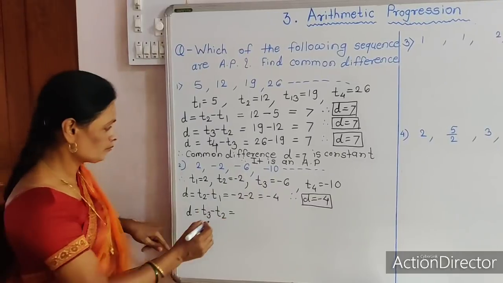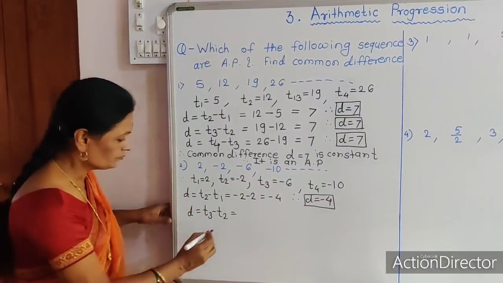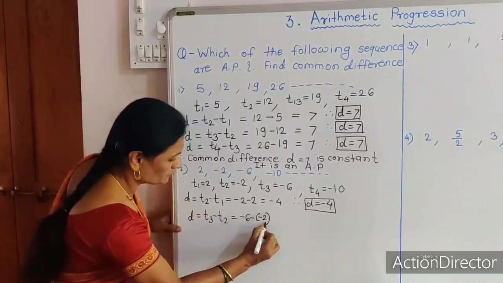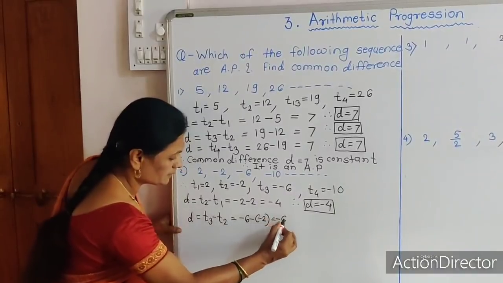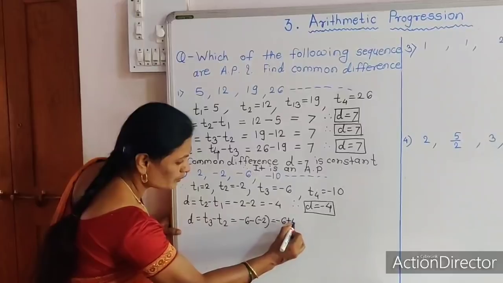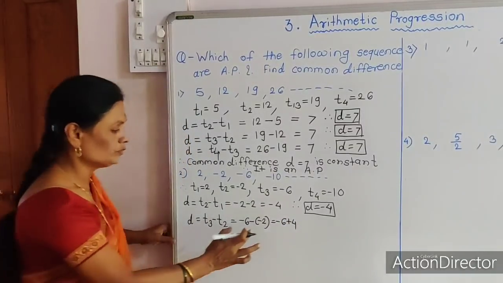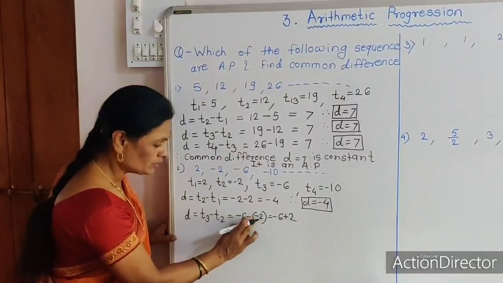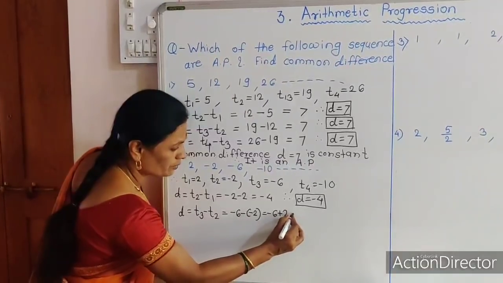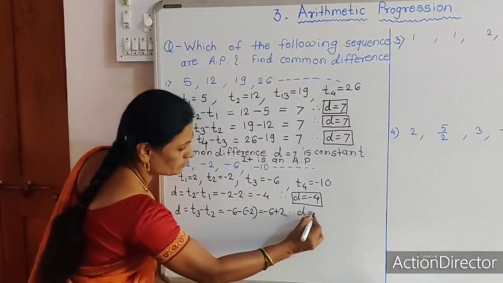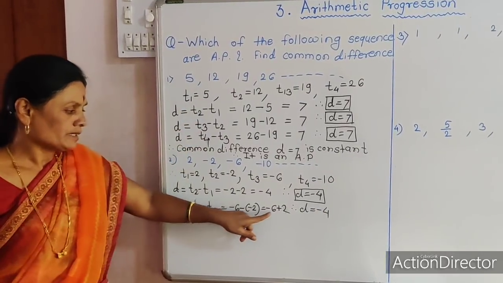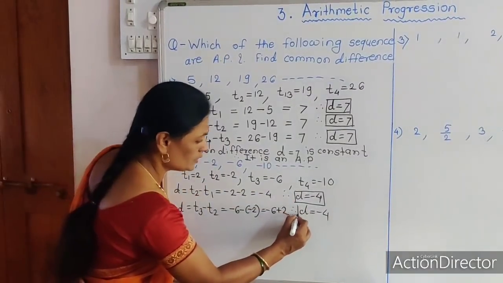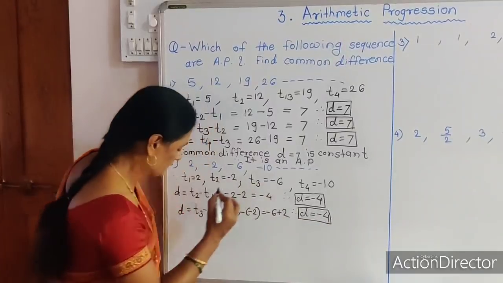Minus 6 minus (minus 2) is equal to minus 6 plus 2, because minus times minus becomes plus. Therefore, D is equal to minus 6 plus 2, that is minus 4. Here also D is equal to minus 4.